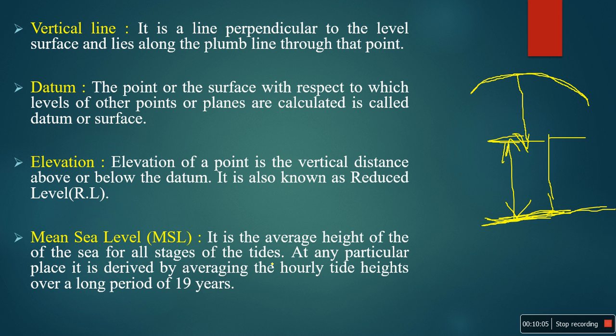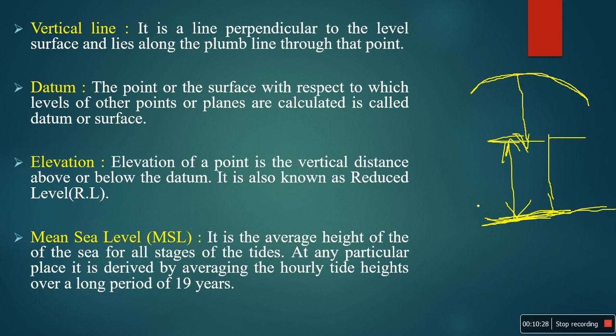Mean sea level means, as I told initially, whatever level surface you are considering, the surface of the water level. Because if you fill water in any bowl, the surface of the water level will always be a plane surface.